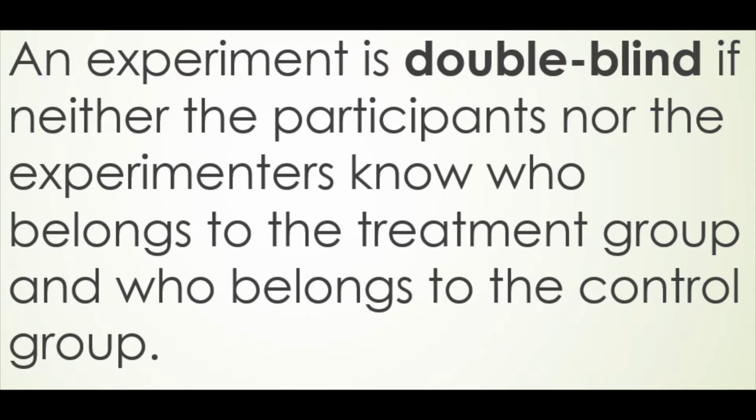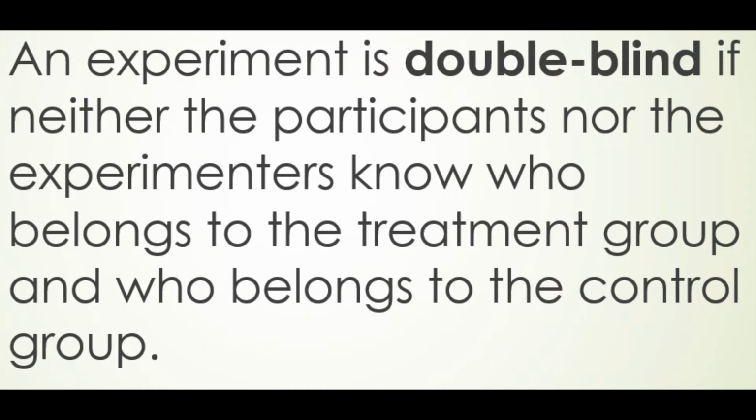For example, if we give the treatment group a treatment and we give the control group a placebo, but then there's some sort of interview that follows or some sort of observation that the experimenters are making, we want to make sure that the experimenters don't see something that's not really there because they're looking for an effect in the treatment group.